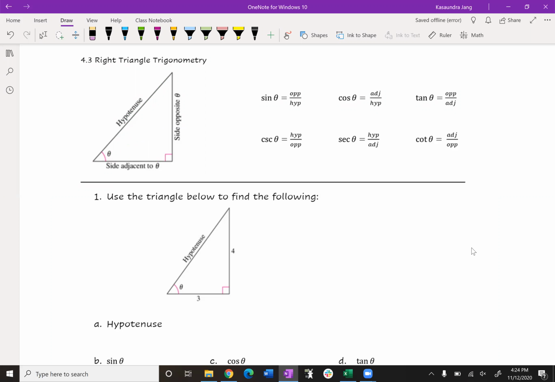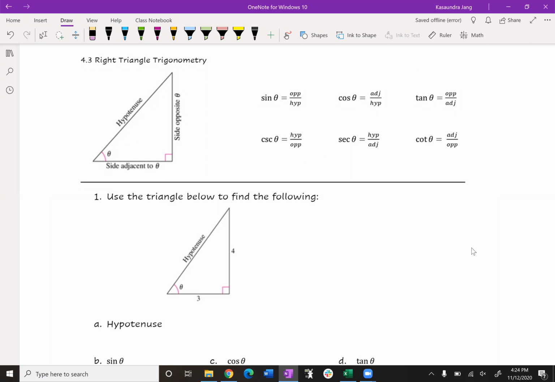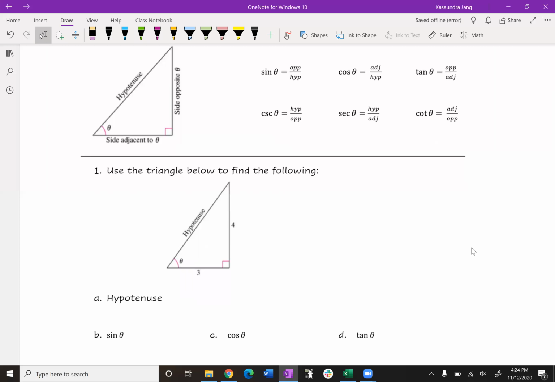So we are going to use these 6 trig functions on the triangle below. First things first, we're going to find the hypotenuse. So I will use the Pythagorean theorem: a squared plus b squared equals c squared.